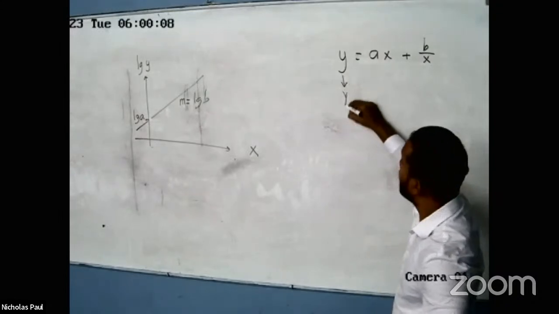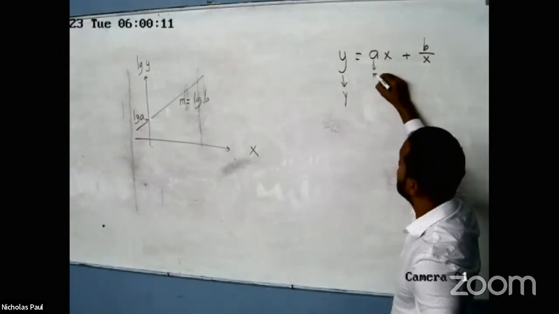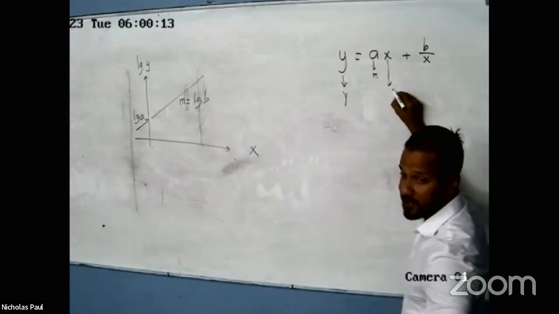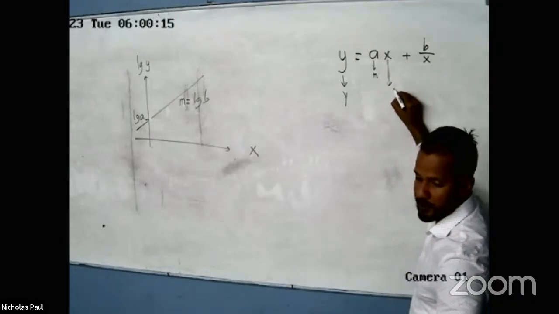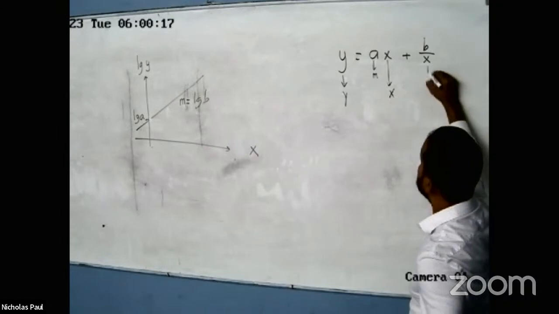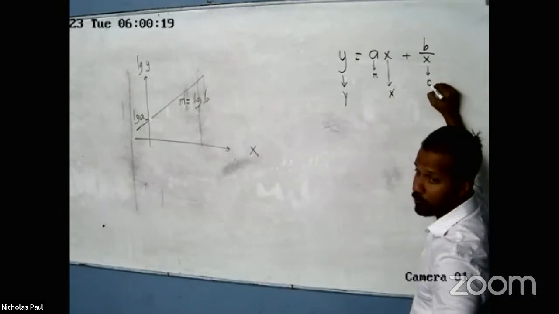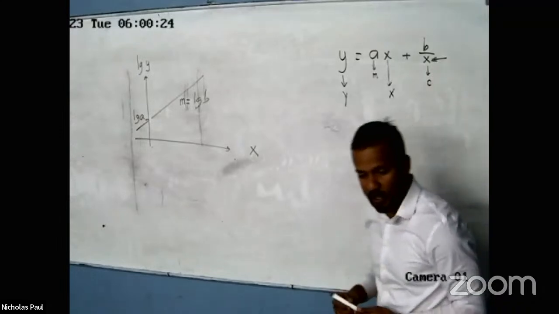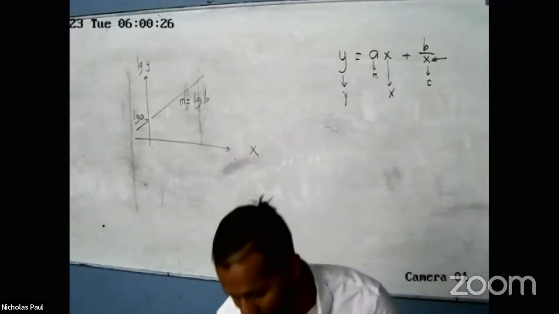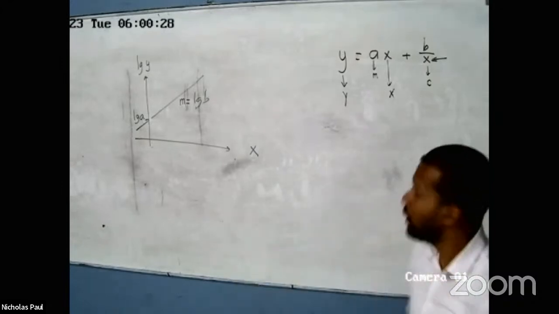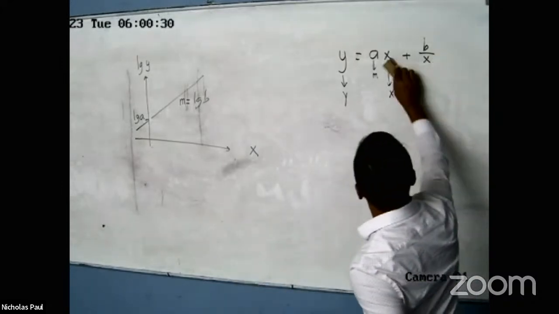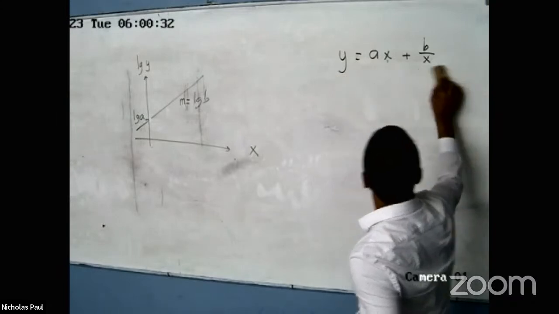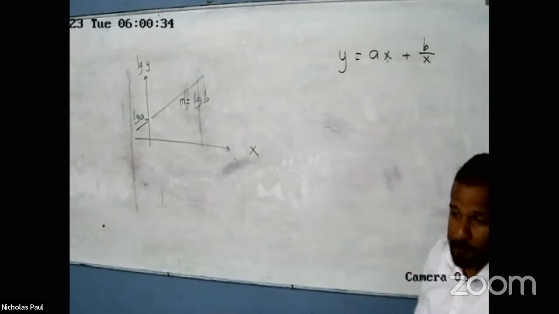Can this be my gradient? Can this be my y-intercept? No, because we have an x. Everything was nice until the y-intercept. So what are we going to do? Can we take logs on both sides?